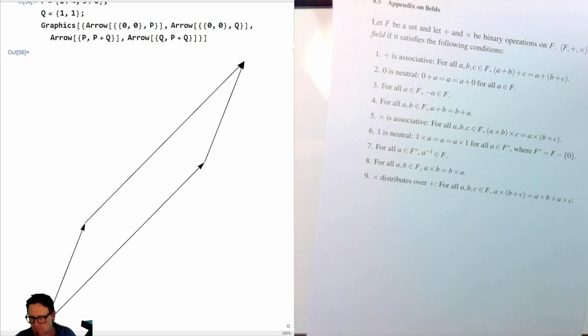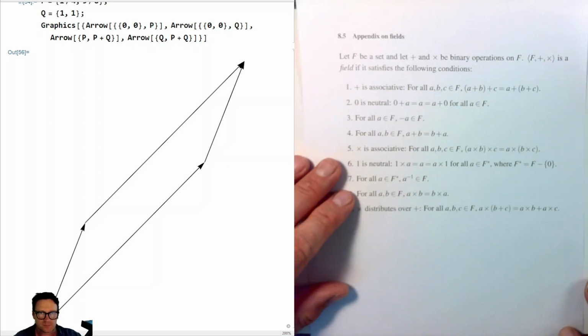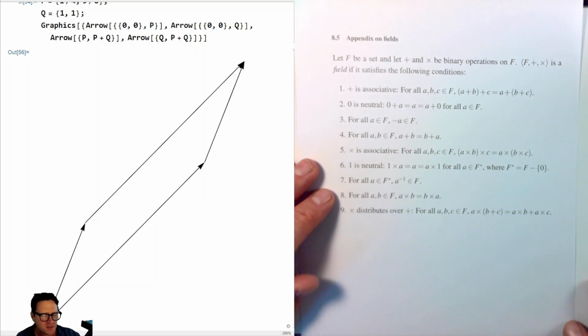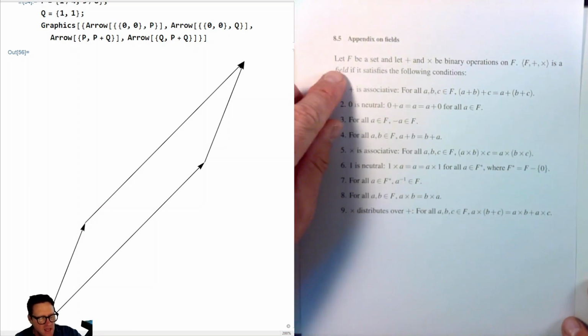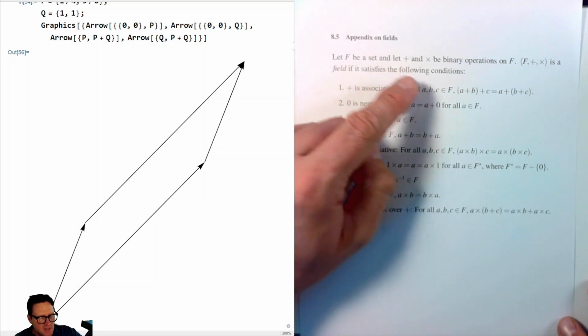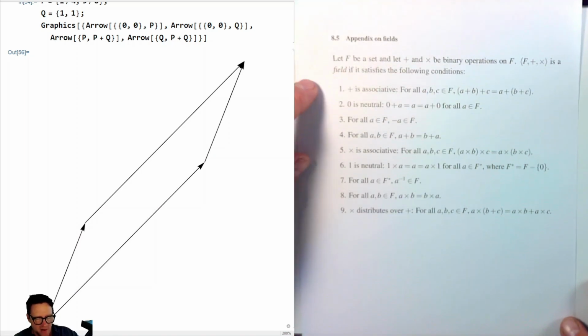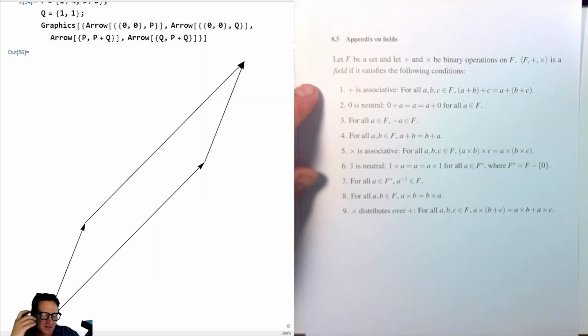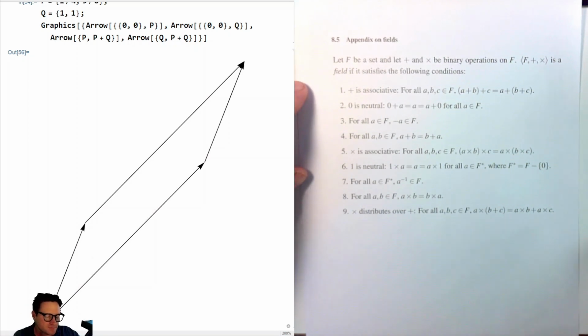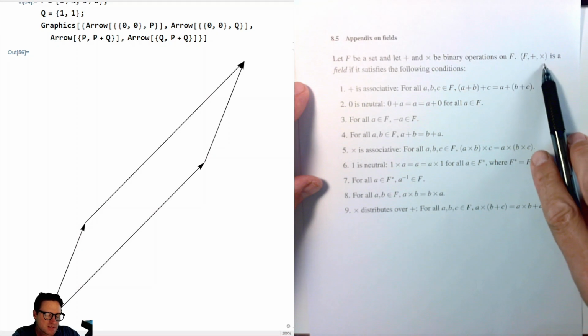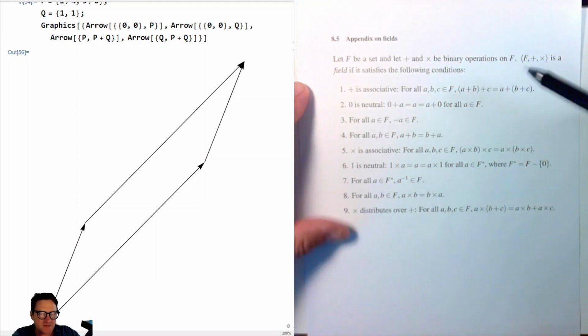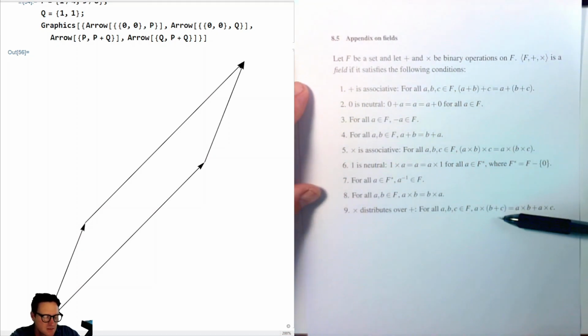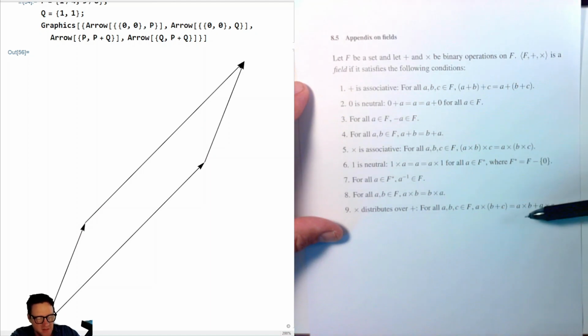So we've been talking a lot, just mentioning the word field, and so now let's talk about what a field is. Let F be a set and let plus and times be binary operations on F, so just like what you know of addition and multiplication. F with plus and times is a field if it satisfies the following conditions. So we have 8 axioms of a field here.